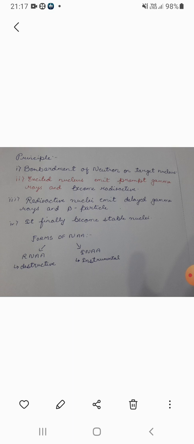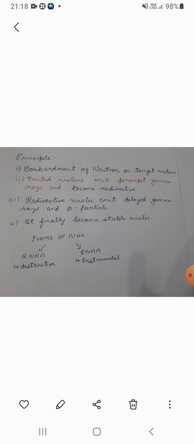RNAA is a destructive technique, because in this technique, first the target nucleus is bombarded with neutrons, then the compound nucleus undergoes chemical modification, and the interference molecules are removed and the required elements are gathered.